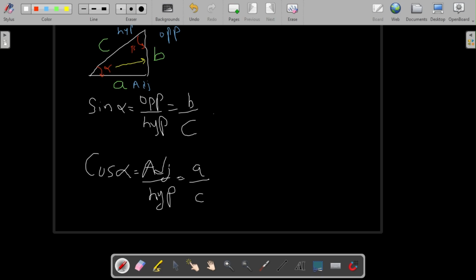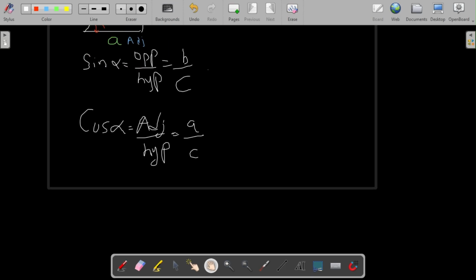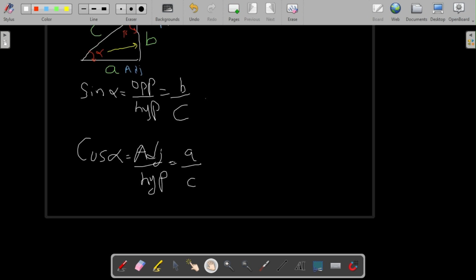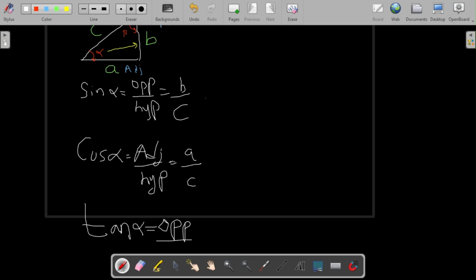I've been able to obtain A over C from cos alpha. The last one is tangent. If you look at tan alpha, tan alpha is opposite over adjacent.